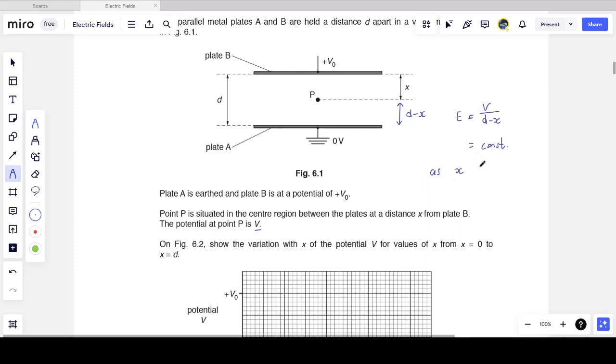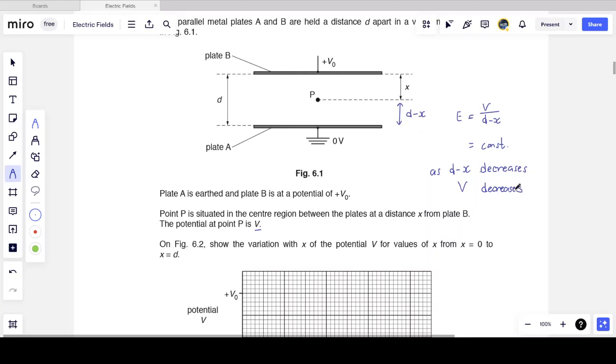As x decreases, as d minus x decreases, the value of V decreases as well. As point P moves closer to the 0 volt plate, plate A, the potential becomes lower than V naught.